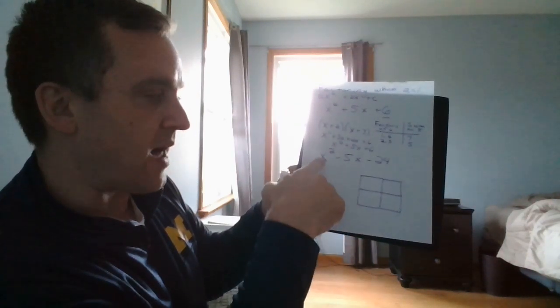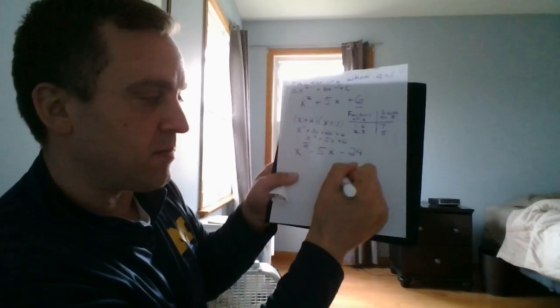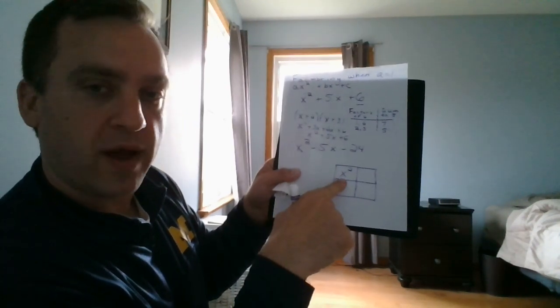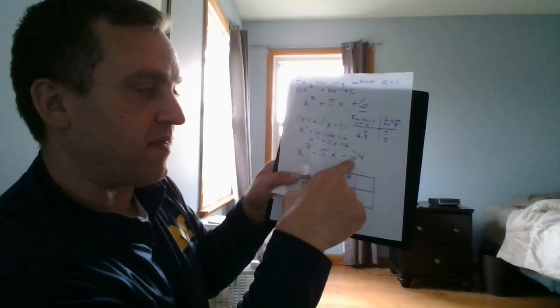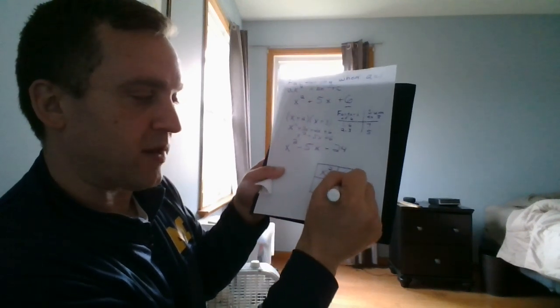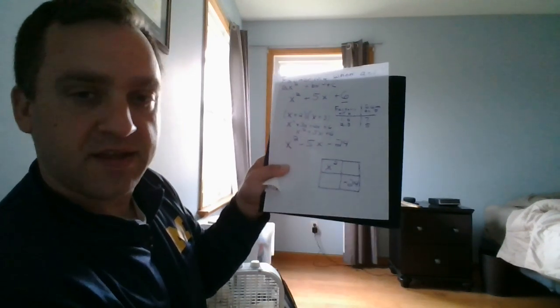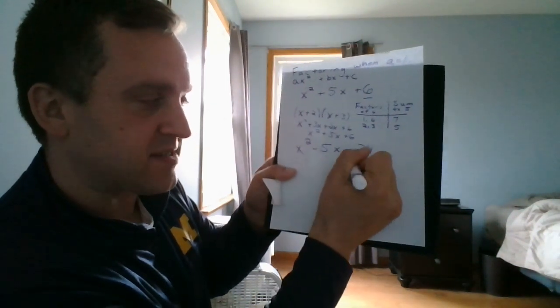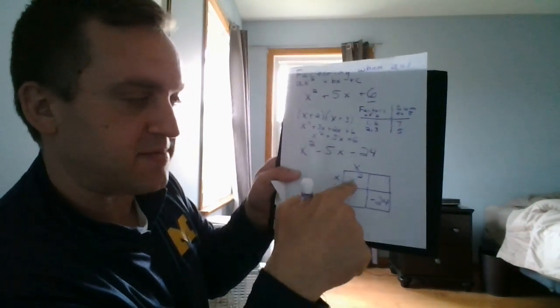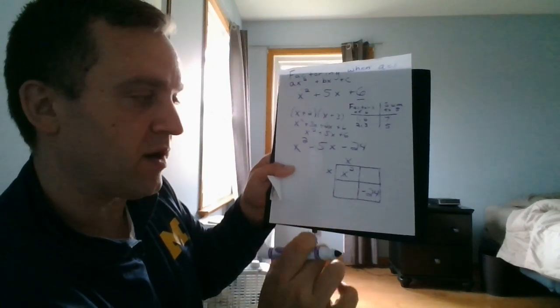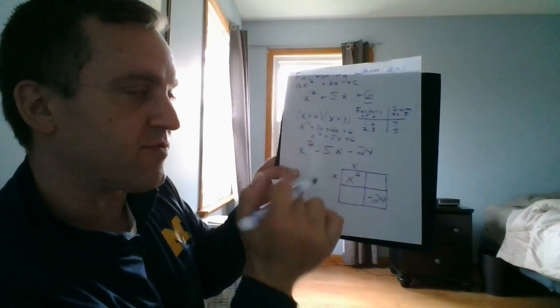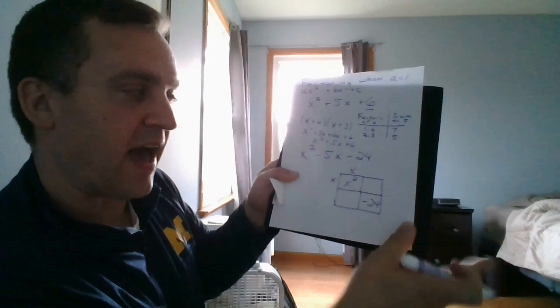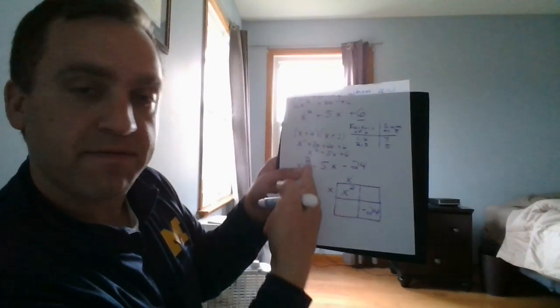And in my area model, I know that the x squared term is in the upper right. And then the constant term, the negative 24, is in the lower left. So that means I'm going to have my x and my x there because x times x is the only way to make x squared. So I need factors of negative 24 that add together to make negative 5.